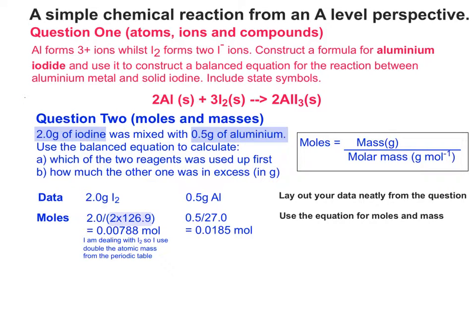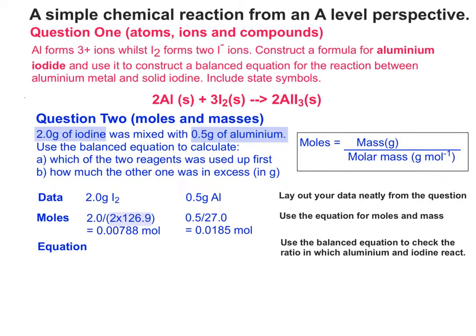You can see that I took the relative atomic mass of iodine as 127 and multiplied it by 2 because I'm dealing with I2 in the equation, which I've now highlighted in the equation in red at the top. So this is something to watch out for in equations. Don't just transfer over the atomic mass from the periodic table. See if you have to multiply it up first.